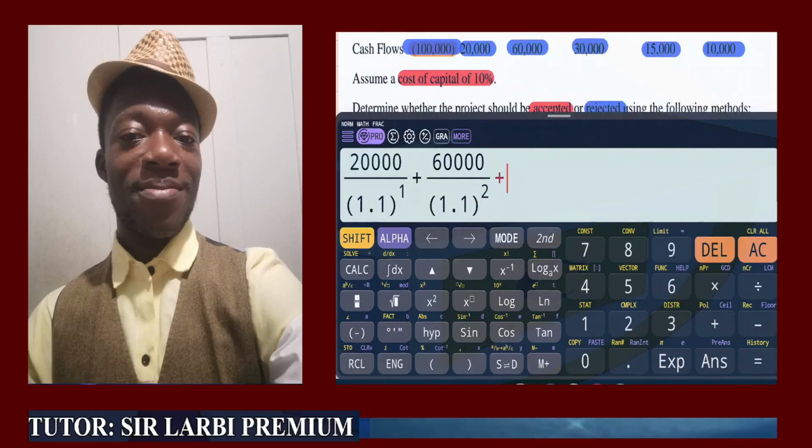Then plus, since we are doing a summation of the discounted future cash flows.